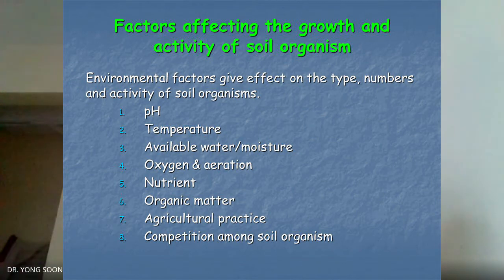I'm talking about agricultural practice, and there are several examples of how agricultural practice can increase or decrease the population or the activity of these soil organisms. And of course, among these soil organisms they also compete, because they compete for the same source of nutrient, the organic matter. So of course, this may also be a factor.